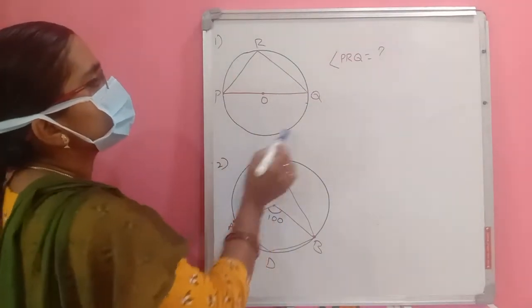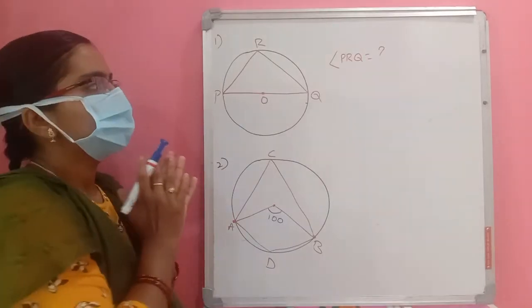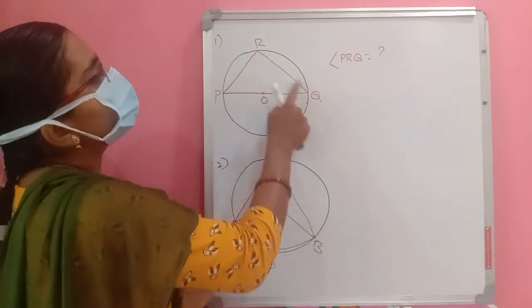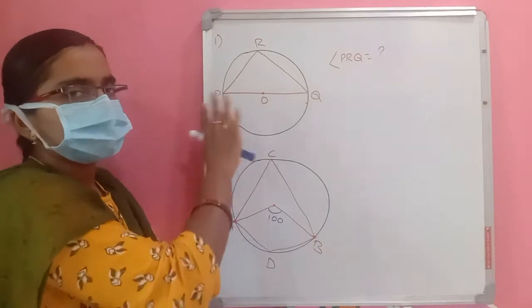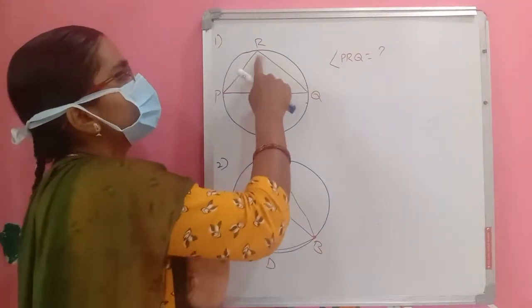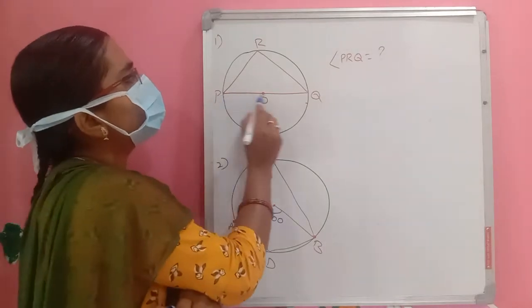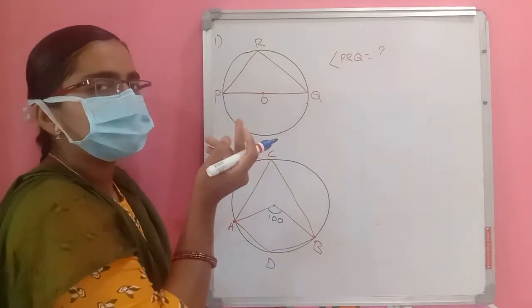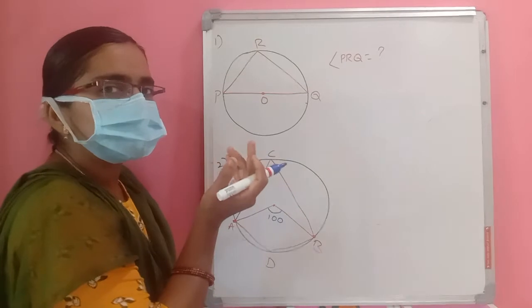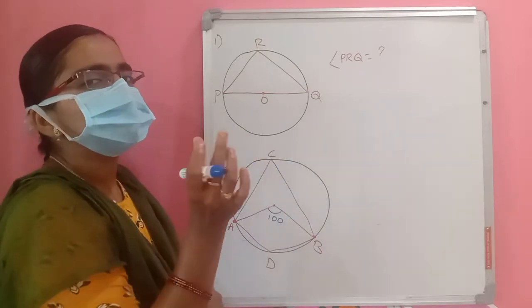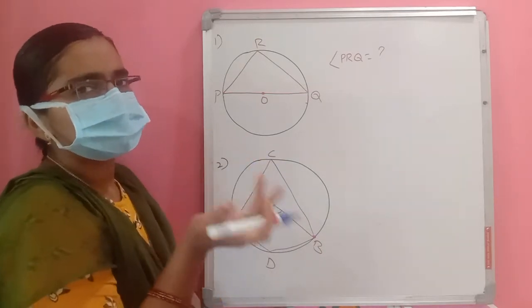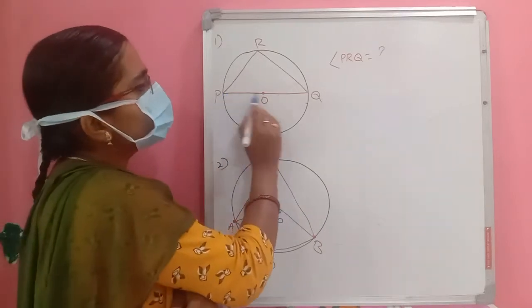Here we have an example. This is a circle. They have given this diagram. Find out what is angle PRQ. Just from this diagram we have to find angle PRQ. How can we find it? PQ is a chord. It is a diameter, but a diameter is also a chord. A line joining any two points on the circle is called a chord.